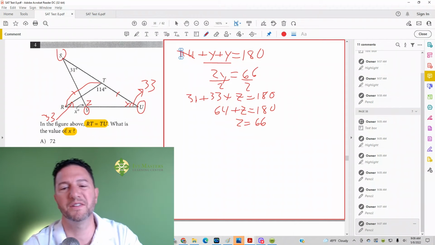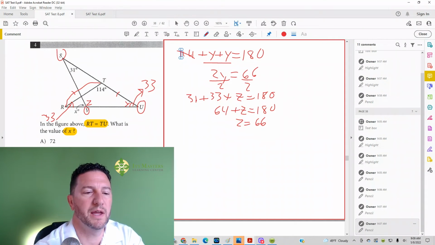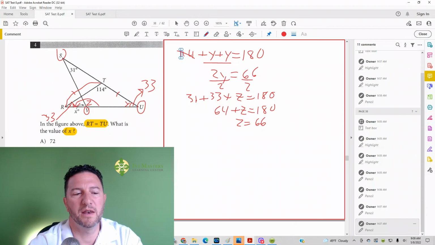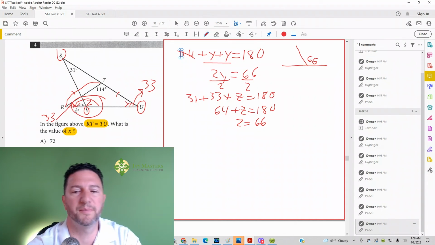Okay, and 66, that looks familiar, but it's kind of another story. And then what do we got to do? Here I've got a straight line, Z plus X. Now I know there's a lot going on in this figure, but if I drew it more simply, if I just put a single line here and a line here and mark this as 66, that's what we've got in our figure at right over here.